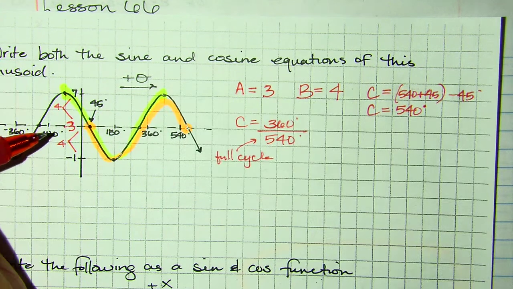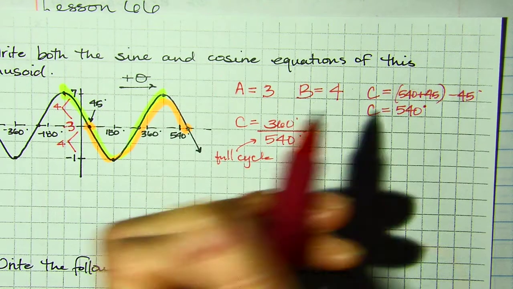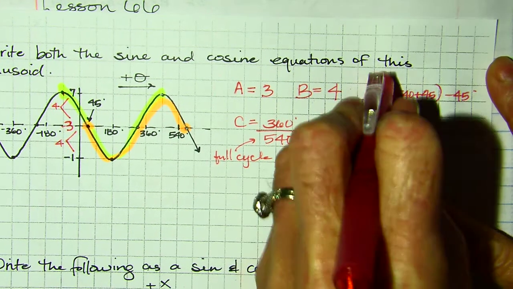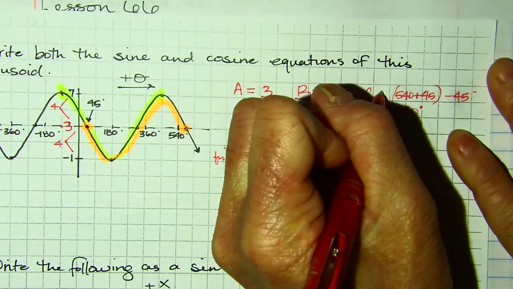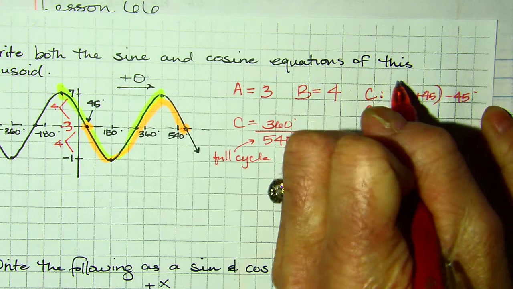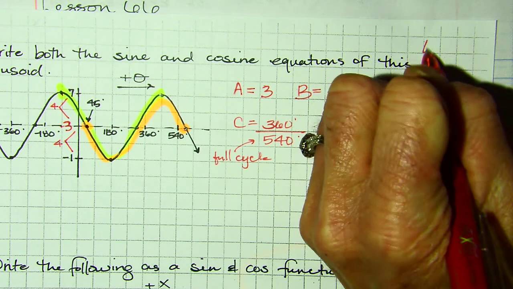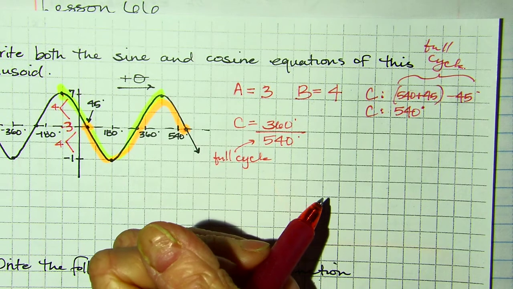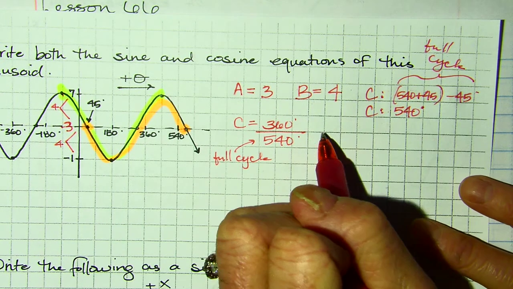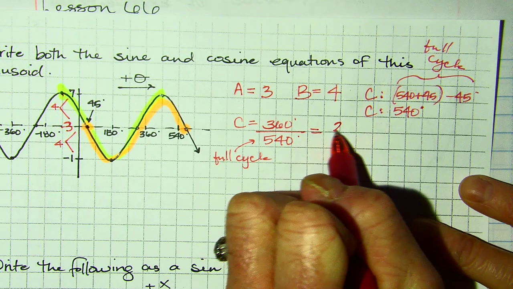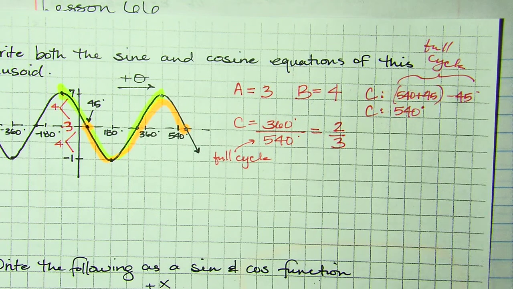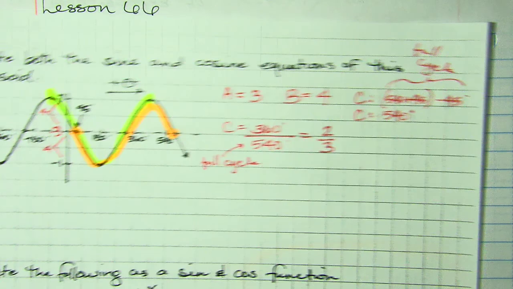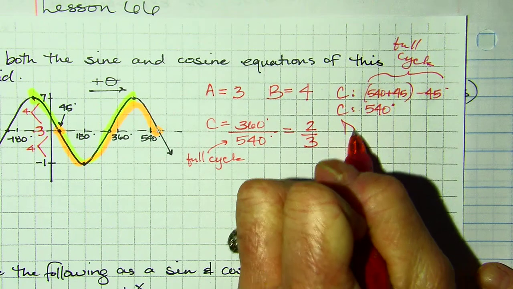Either way, I would have ended up with 540. So I have 360 over 540. I'm going to reduce this by 180, and so I get 2/3. So C equals 2/3.